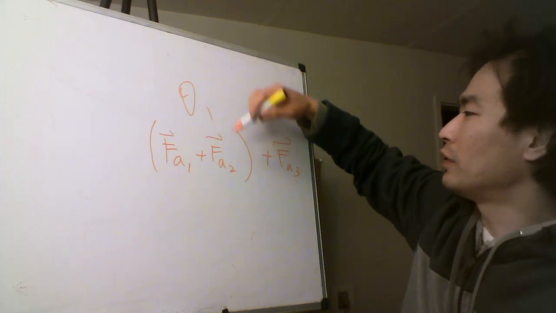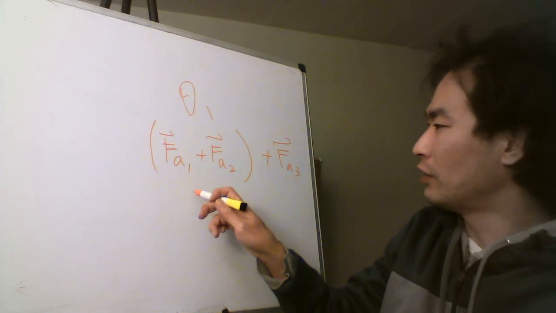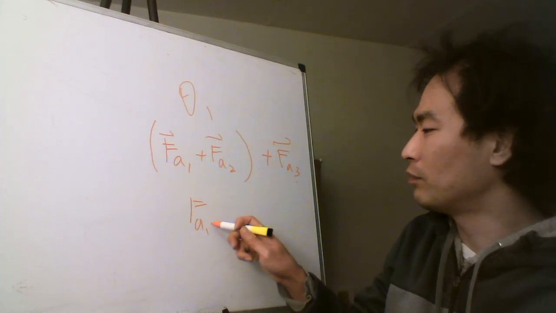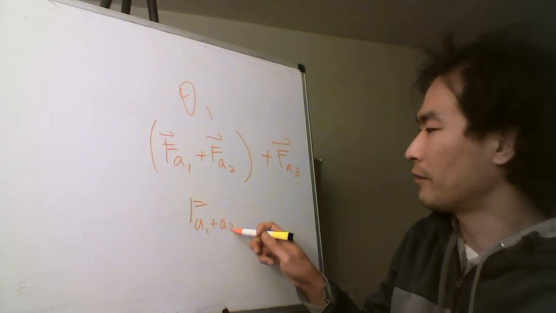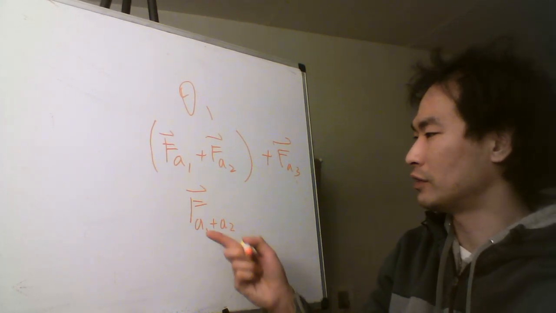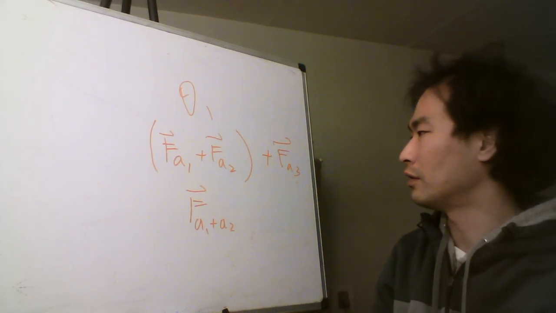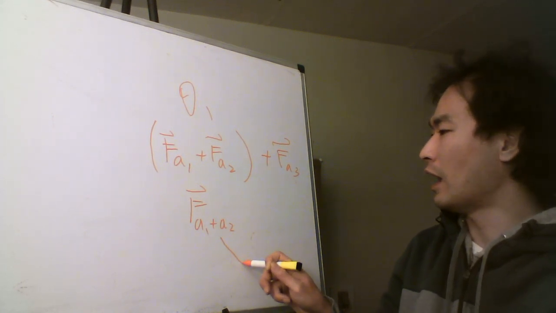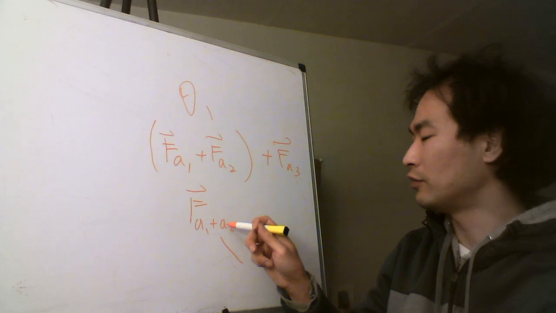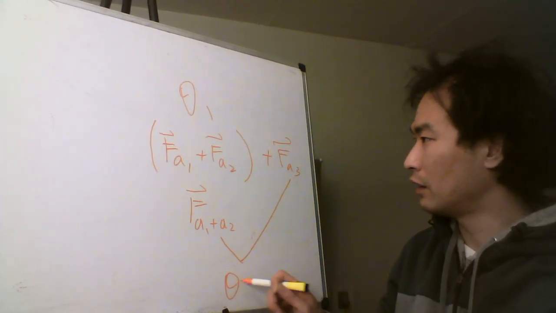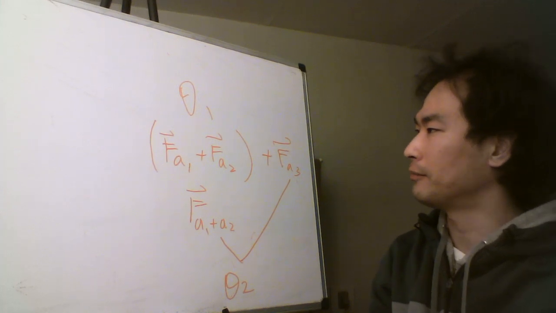Now, after adding up F of A1 plus F of A2, we add up these two vectors. Now it's the result vector. The angle between this F of A1 plus F of A2 and F of A3, we call it theta 2, okay?